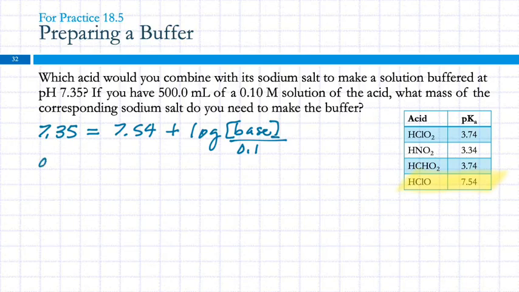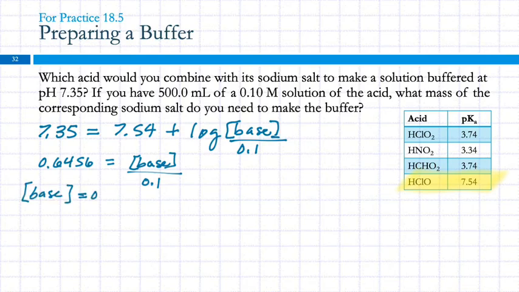So I end up with 0.6456 is equal to the base concentration divided by the acid concentration. And so this is saying that my base concentration needs to be 0.06456 molar.